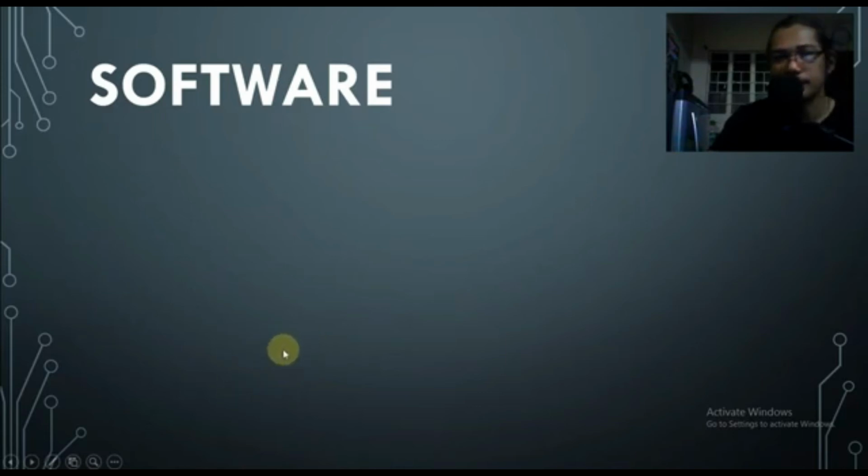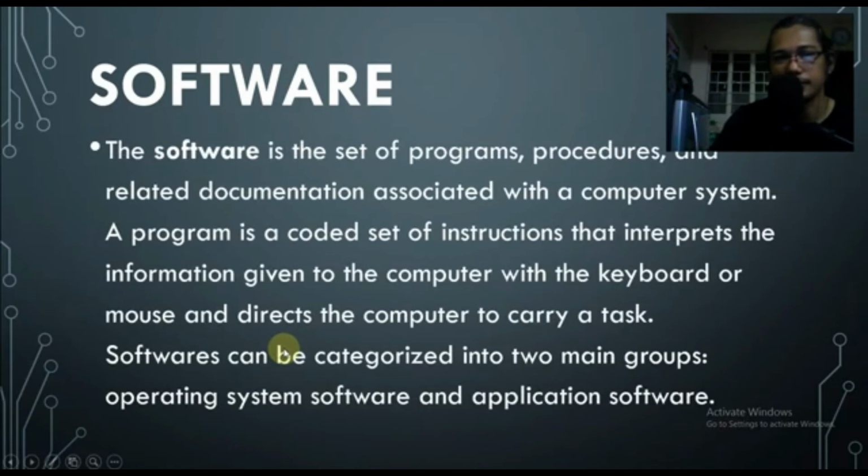Now, let's go to our next topic, that is the software. The software is the set of programs, procedures, and related documentation associated with a computer system. A program is a code, a set of instructions that interprets the information given to the computer with a keyboard or a mouse and directs the computer to carry out a task.